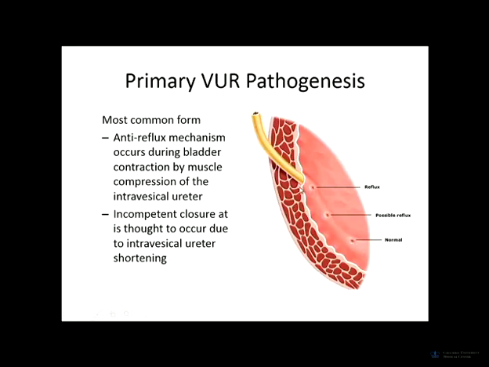So a normal ureter would have a fair amount of it within the bladder wall, so that when the muscle constricts, it will close the tube, and it won't allow this backflow of urine in this direction. If the insertion comes out at a higher level here or here, there's not a lot of wall that's going to compress this tube and close it, and it allows urine to backtrack up into the upper urinary tract.